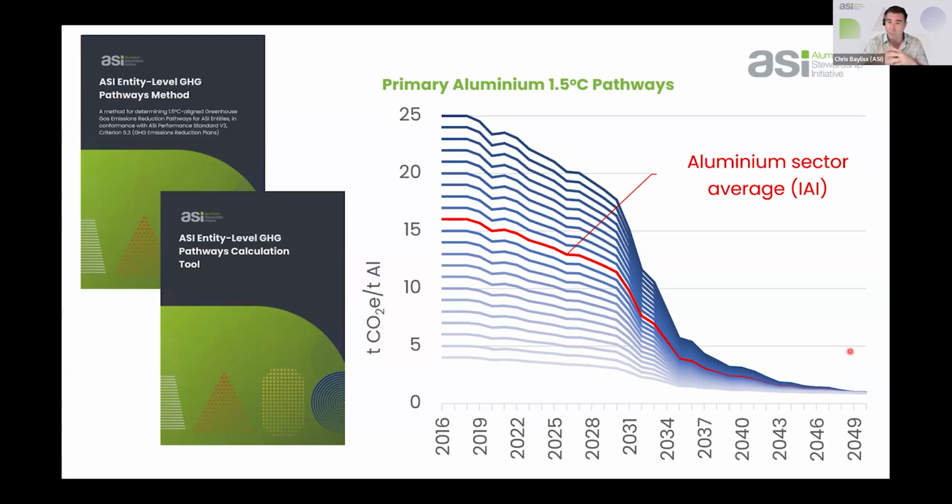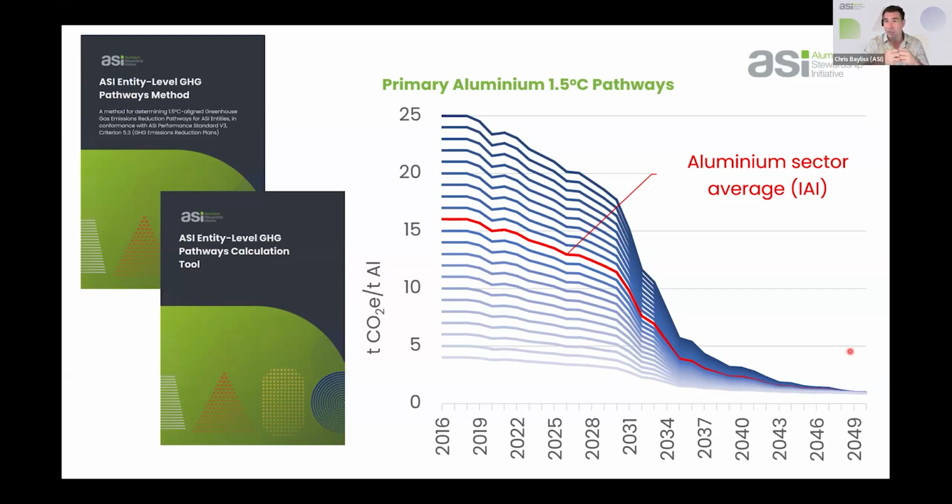We had a question coming in which asked about data protection. I'd like to say at the beginning that the tool I'm about to describe is freely available on the ASI website for both ASI members and non-members, and no data comes to us. It's an Excel-based tool that you download and operate from your own computer using your own data, and you never actually share any data with ASI.